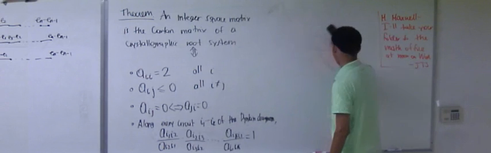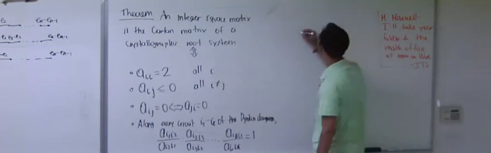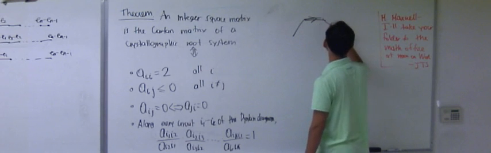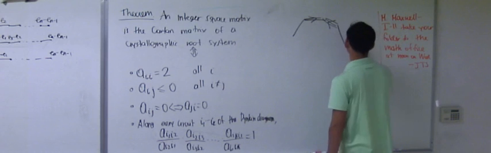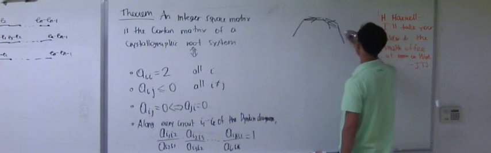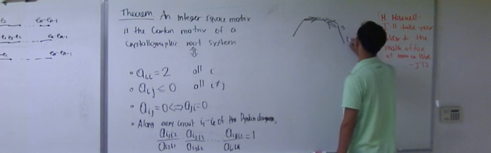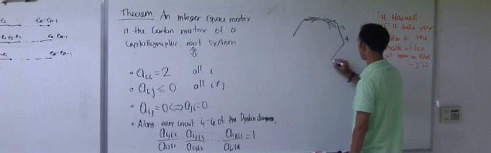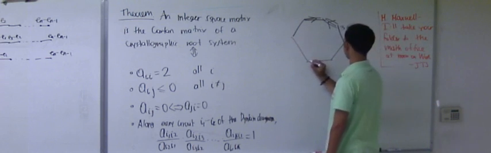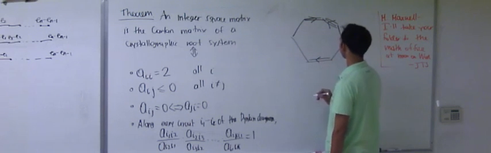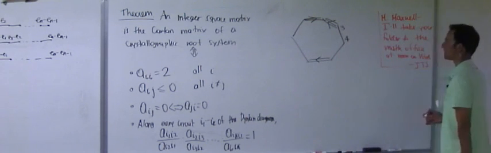So, what's an example of a good circuit and what's an example of a bad circuit? I don't know. Let me just do something. So this.